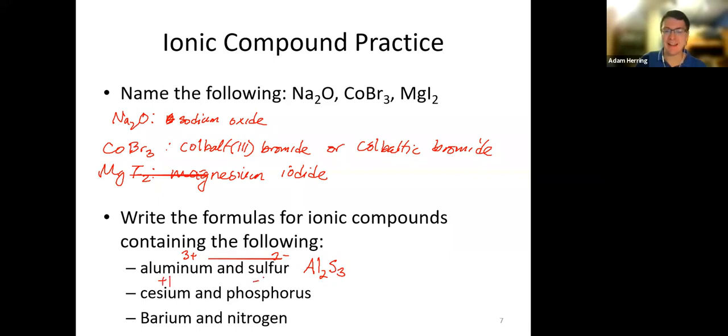Phosphorus as an anion is a -3 charge. Oh, excuse me, that's cesium. So Cs3P. And then barium and nitrogen. Barium is a 2+. Nitrogen is a -3. And so in order to combine those properly, we would need 3 barium to 2 nitride ions.